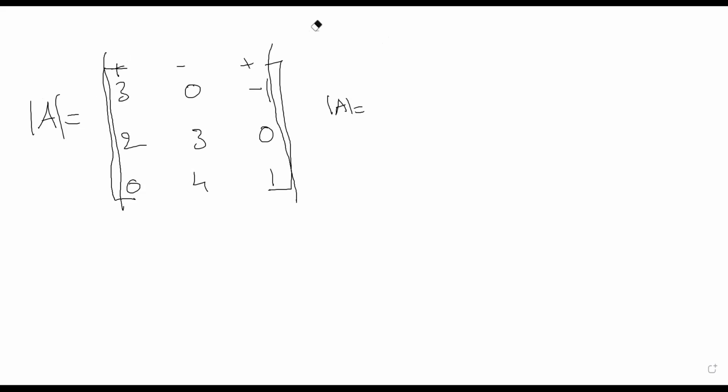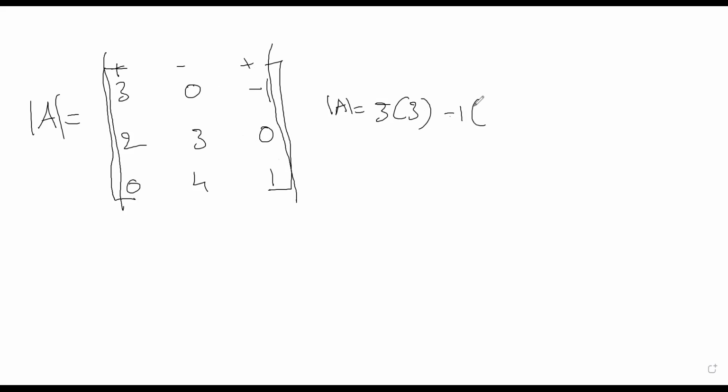So it is 3 times 1, which is 3. Then minus 0 times 3, so that is 0. 0 will not come into the picture at all because 0 into anything is 0. Here you get minus 1.